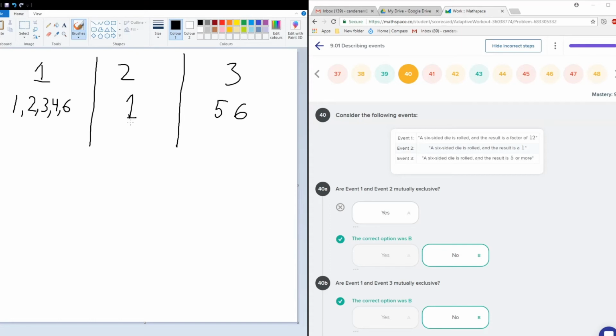Yes, they can, because there's a 1 here and a 1 here. So, because they can happen at the same time, they're not mutually exclusive. So 1 and 2 are not mutually exclusive.